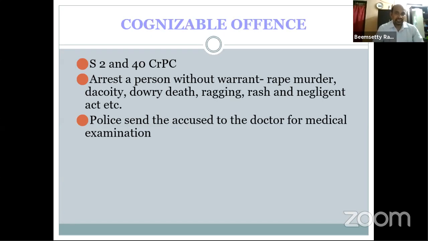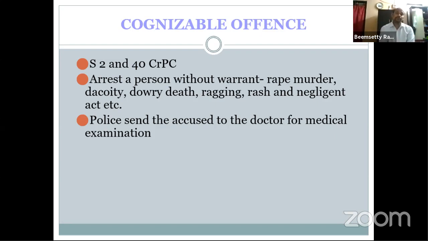And next is cognizable offense. Now we will be dealing with cognizable offense and non-cognizable offense, summons case and warrant case. What is cognizable offense? Already I told, related to offense, what is offense we have discussed.